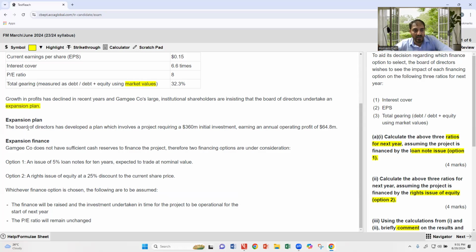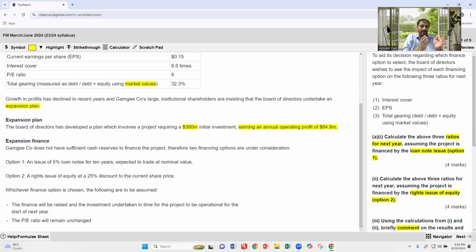The board of directors has developed a plan which involves a project requiring $360 million initial investment, earning an annual profit of 64.8 million. So the funding required is 360 million, and the annual operating profit will increase by 64.8 million. Students, you know very well, finance comes either from debt or from equity.